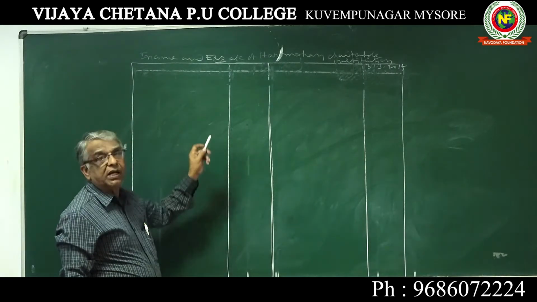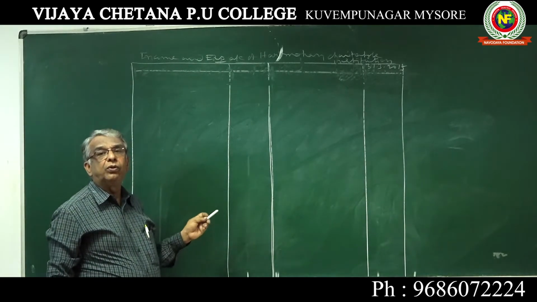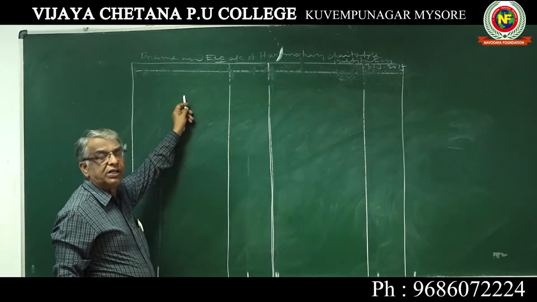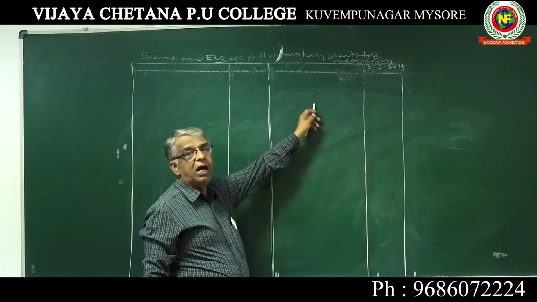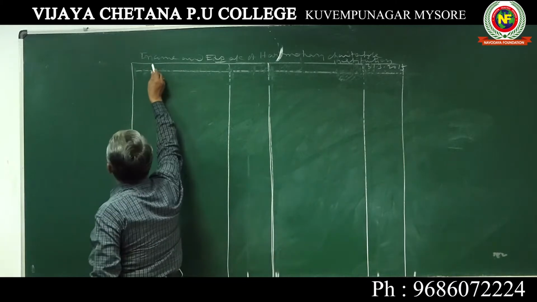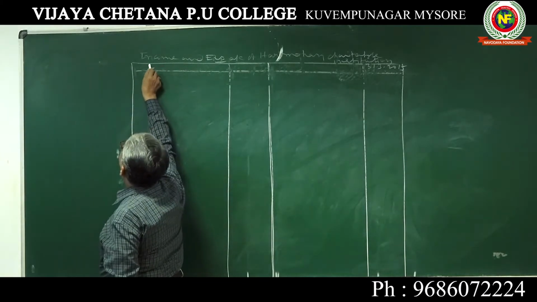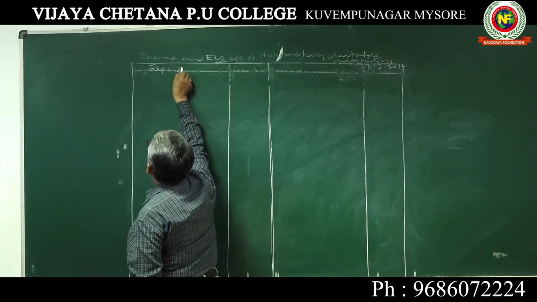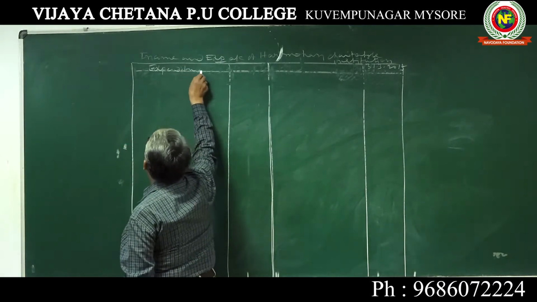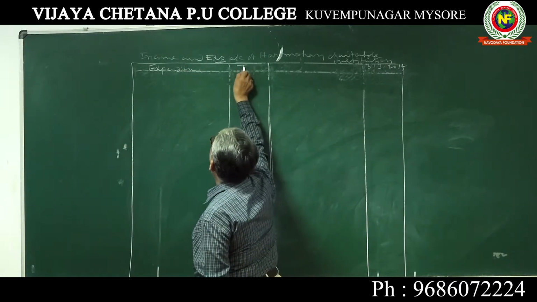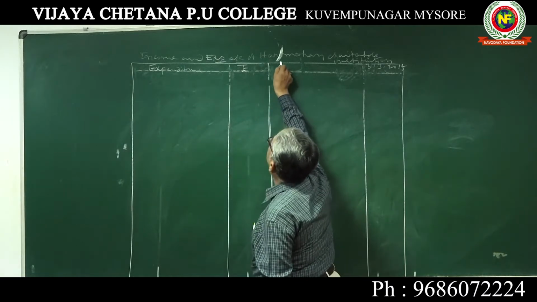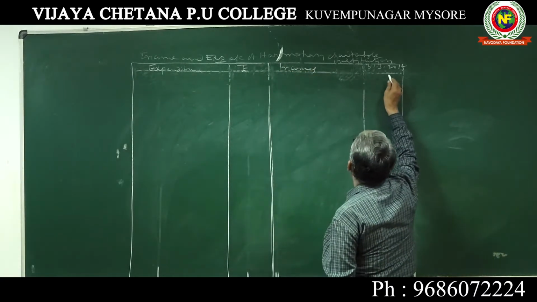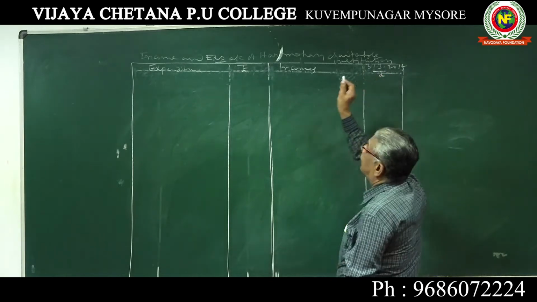In this account, we record all expenditure on the debit side or expenditure side, and all incomes on the income side. So here, this is expenditure, rupees. This is incomes, rupees.